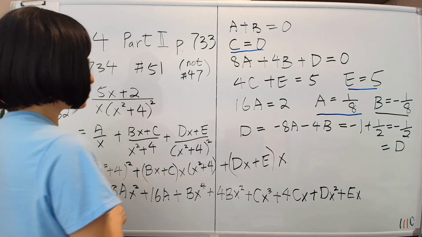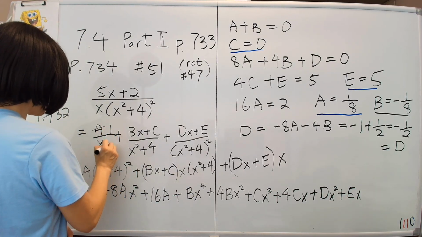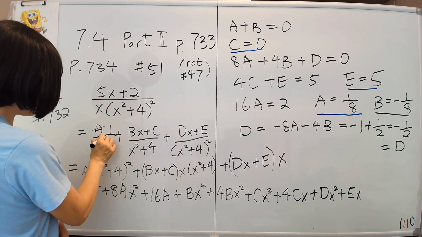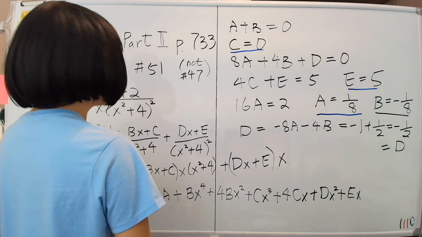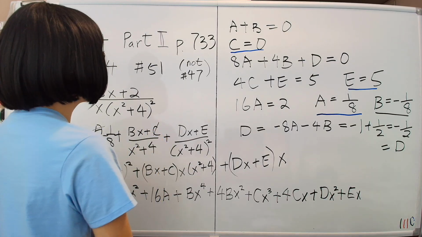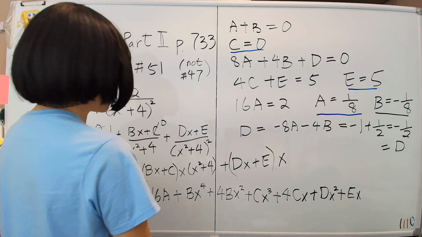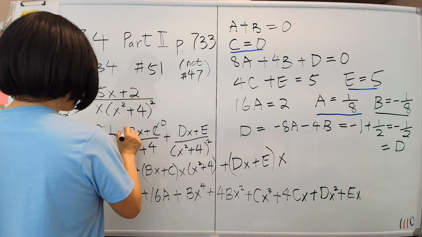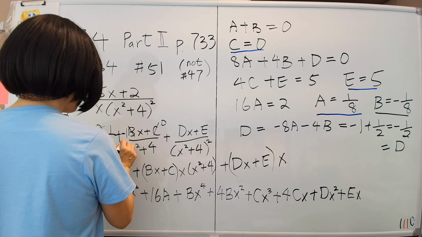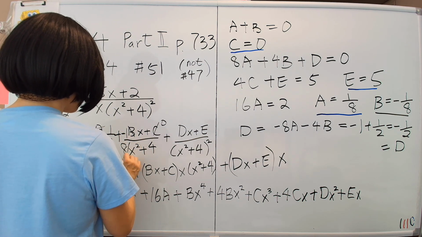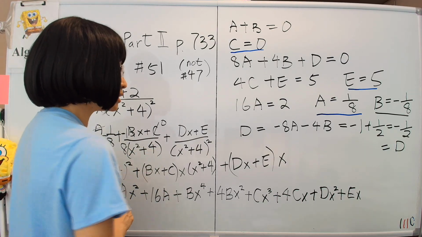All right, so what do we have here? We have A is 1/8. We'll write 8 on the bottom, okay? And then B and C, C is 0, so C is gone. B is minus 1/8, so this is negative 1/8 times this stuff. All right, and then D, what was D again?